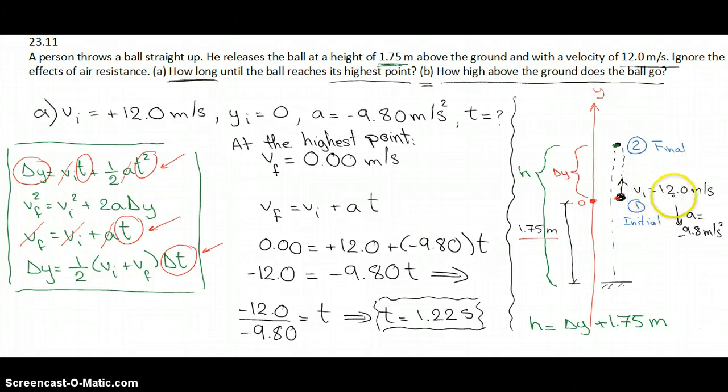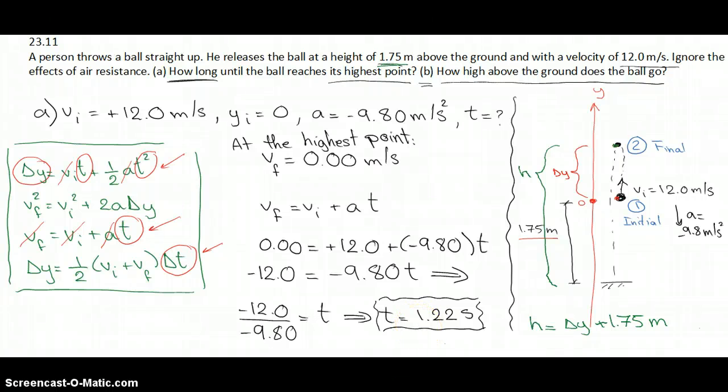VI still applies, is still 12. The acceleration, of course, is still negative 9.8 because that doesn't change in free fall. And the final point has a velocity of 0 still. And the time to reach that point is 1.22.